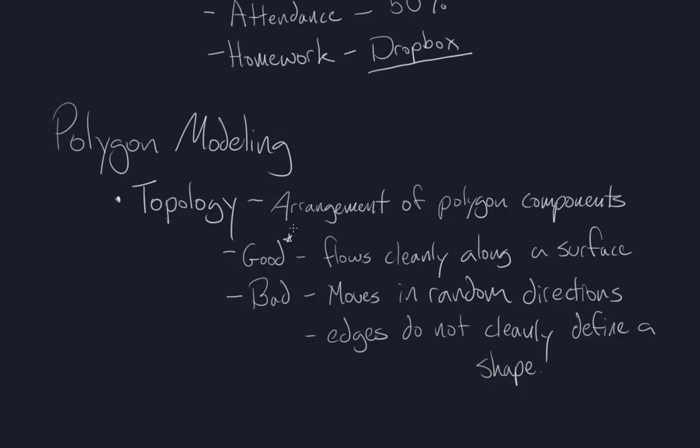So when you have an object like a character that needs to bend and flex and move, then your topology is going to be absolutely critical, because your topology will help determine how your object will flex, how it's going to deform as it is animated. Bad topology can make your deformations look unbelievable, look unrealistic, and that's a problem.